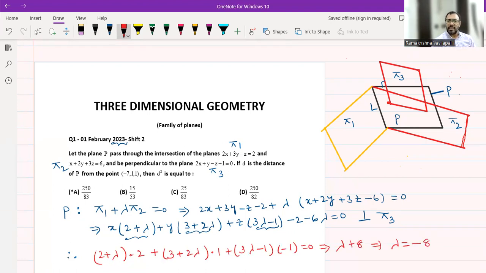Substitute lambda equal to -8 in P. You will get the plane P. So what is the plane P?